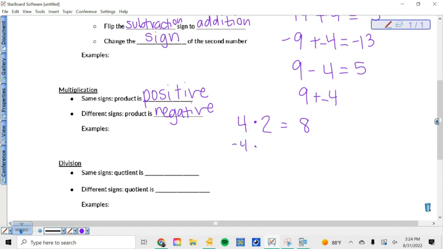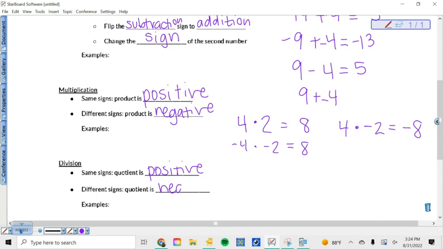Same with if I have -4 times -2, what do I get? 8 again. But if I have different signs like +4 times -2, what do I get? -8. Yeah? And then same thing with division. Same signs, quotient is positive.